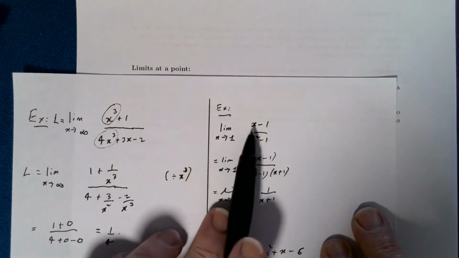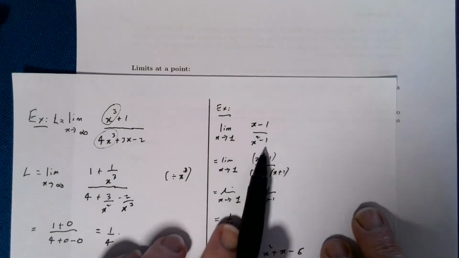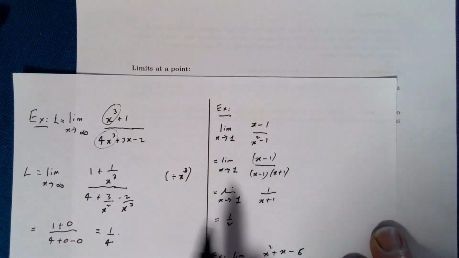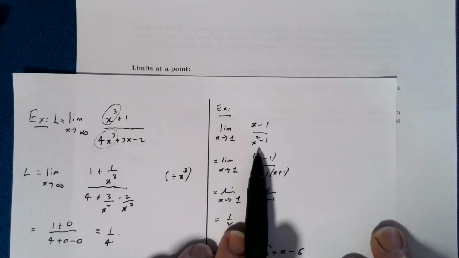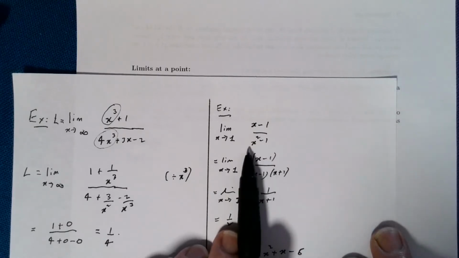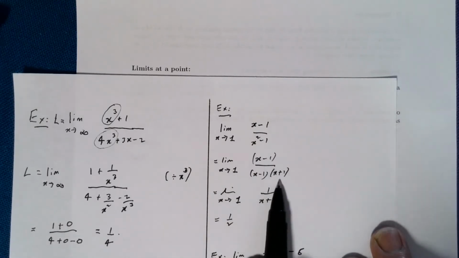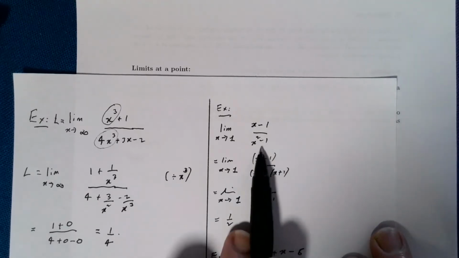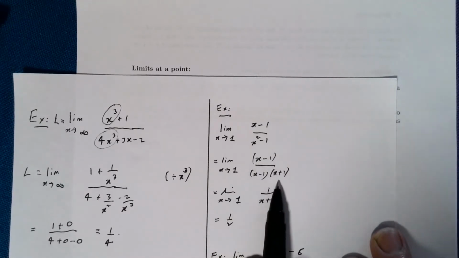Okay, so there it is, limit x goes to 1, x minus 1 on x squared minus 1. And you look at the denominator here, and I hope immediately, as soon as you see x squared minus 1, you are tempted to factorise this using the difference of two squares. That would be a very natural thing to do. So I factorise x squared minus 1 into x minus 1 times x plus 1. Now x at the moment is not 1.